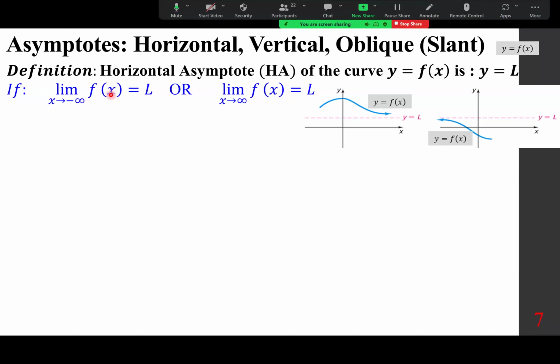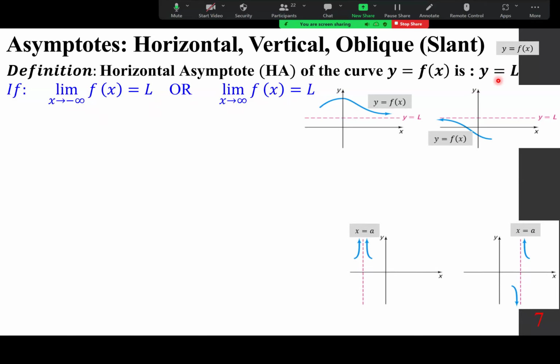So if the limit of f of x as x approaches negative infinity is L, or the limit of f of x as x approaches infinity is L, then y equals L is the horizontal asymptote.